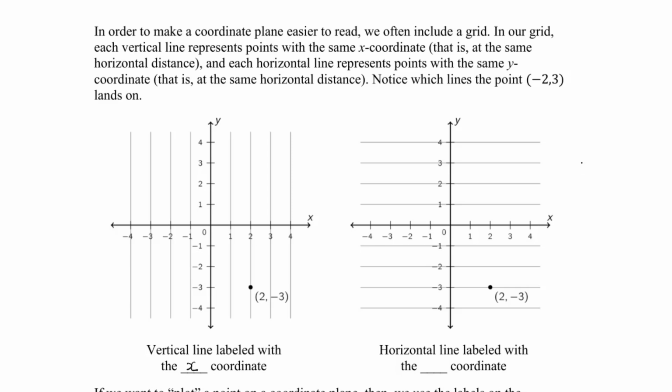So referring to our example point 2, -3, that's on the vertical line labeled with a 2 on the x-axis. And it's on the horizontal line labeled with a -3 on the y-axis. So the vertical grid lines are labeled with the x coordinate. The horizontal grid lines are labeled with the y coordinate.